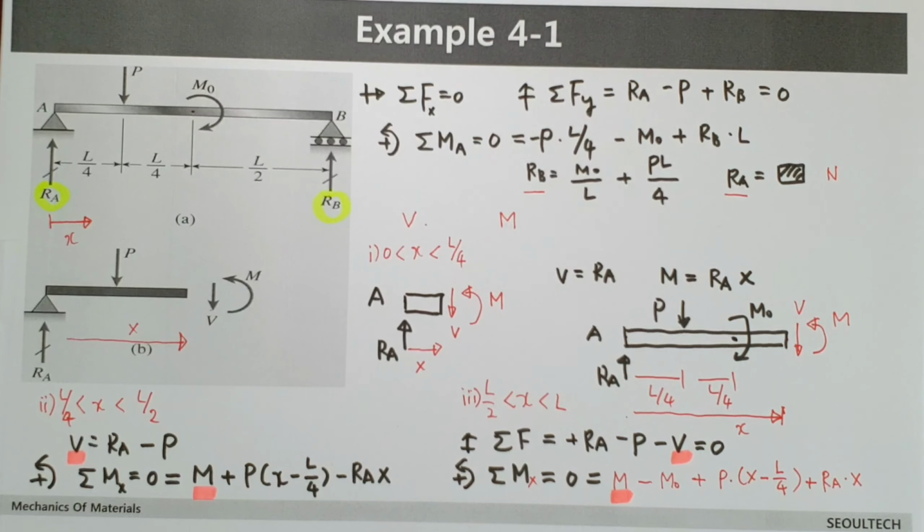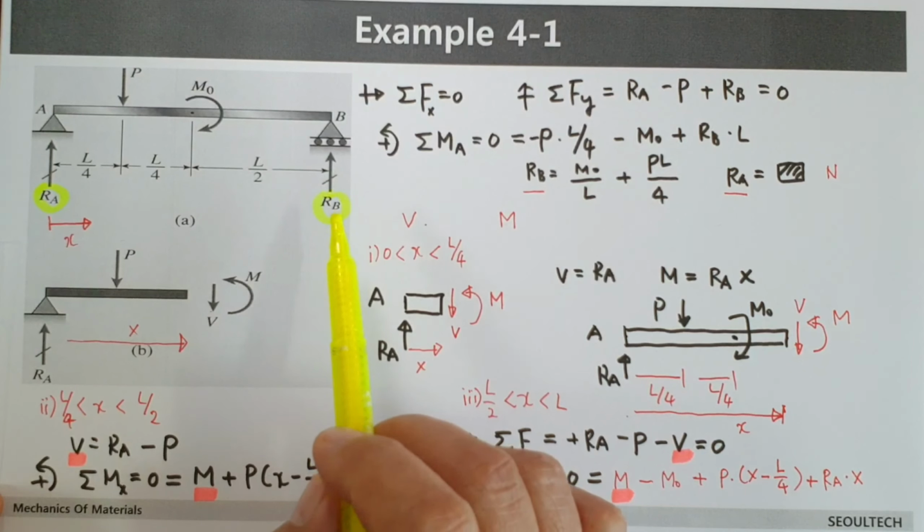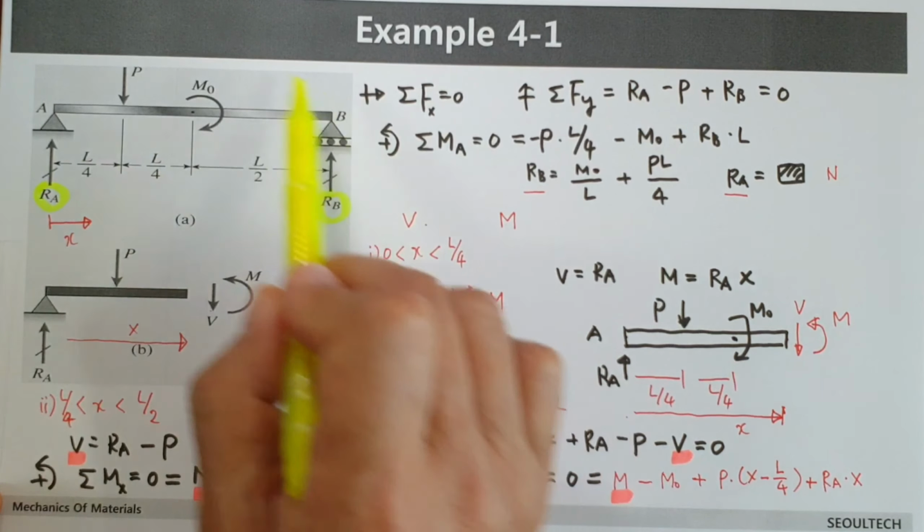In this example, we would like to calculate shear force and bending moment. At first, we considered the RA and RB values.